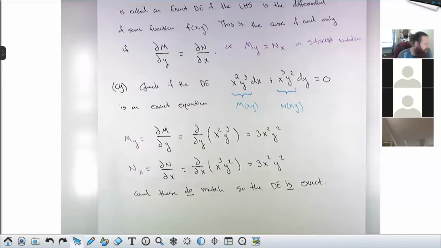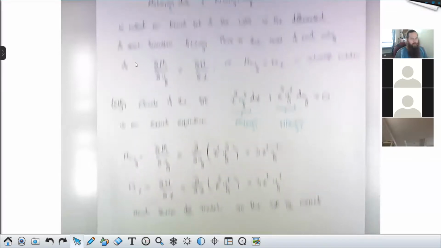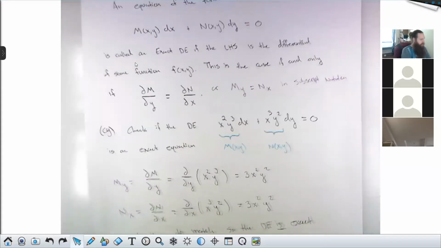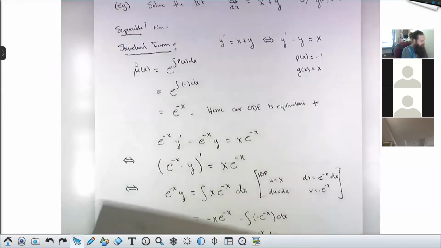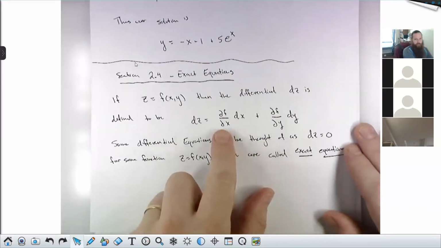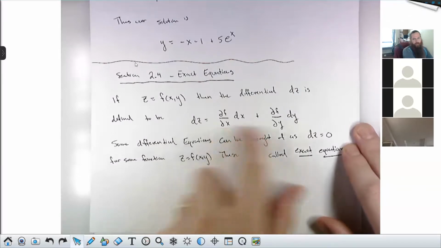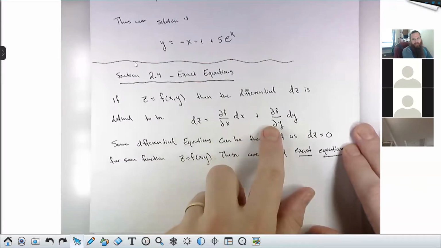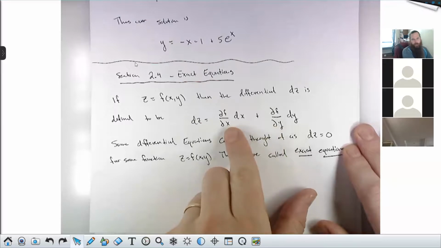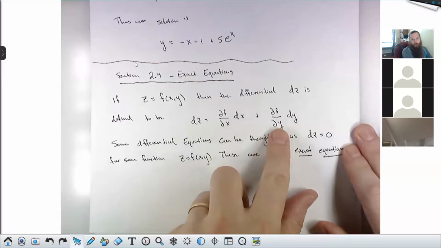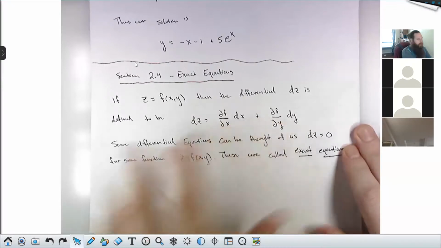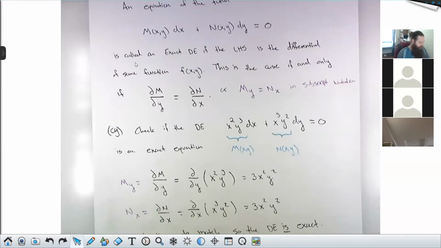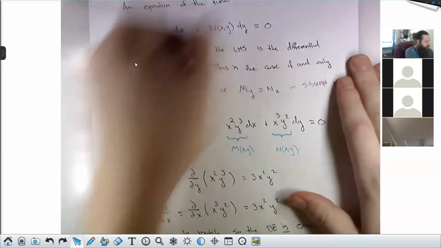So if I know that my equation is exact, then df dx is m, and df dy is n. So if I were to integrate this piece with respect to x and integrate this piece with respect to y, I should recover something like my function.